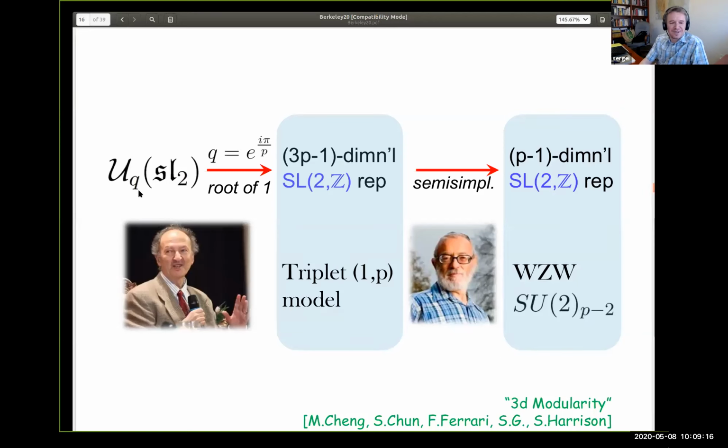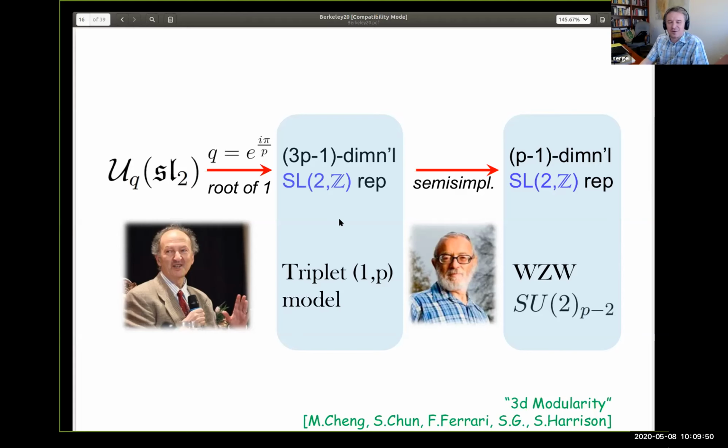So this quantum group, for a general value of q, can first of all be specialized to a root of unity. That's what we did. And then you find a 3p minus 1 dimensional representation of SL2Z on its center. But what's more popular, and better known than that statement, is that quantum groups at roots of unity give you ways to produce quantum group invariants of 3-manifolds.